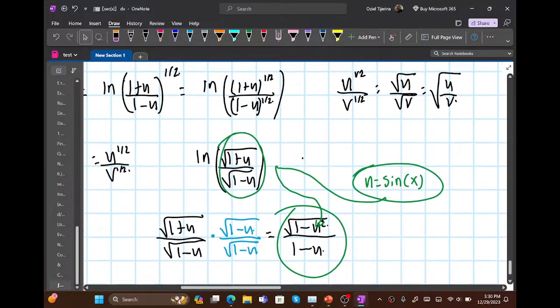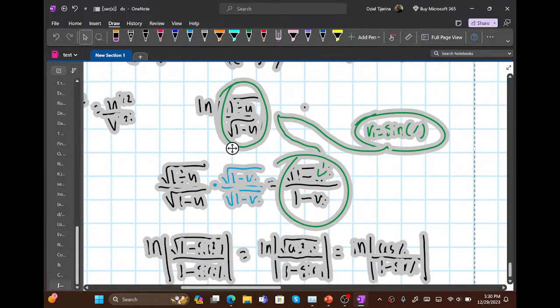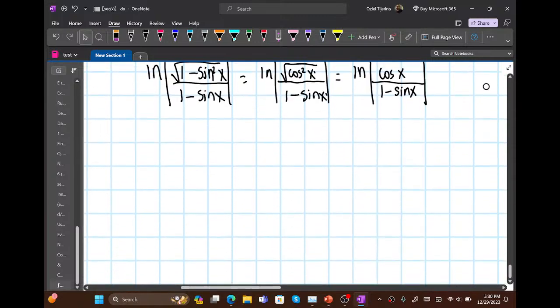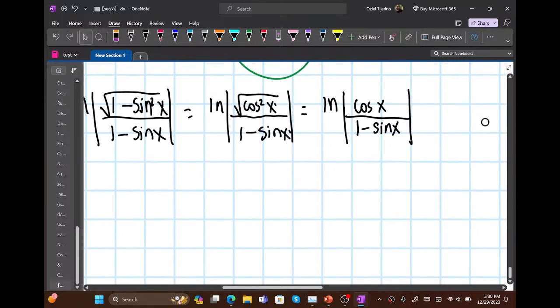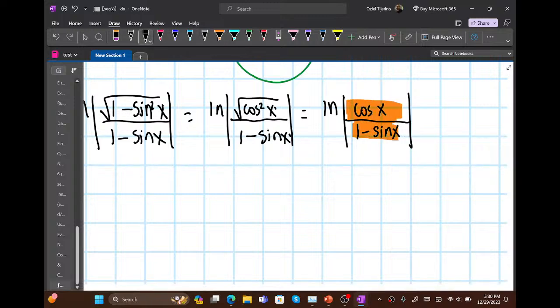you're gonna have to do conjugate again, or rationalize again, okay? This expression here is gonna end up being, so we're gonna do cosine x over 1 minus sine x.